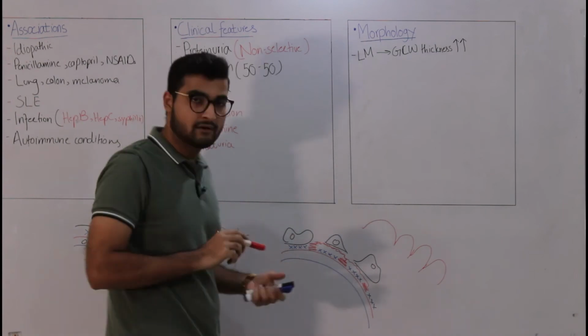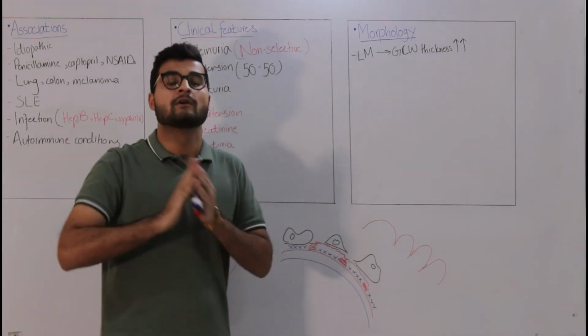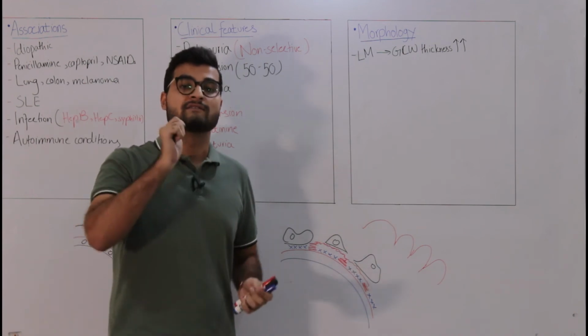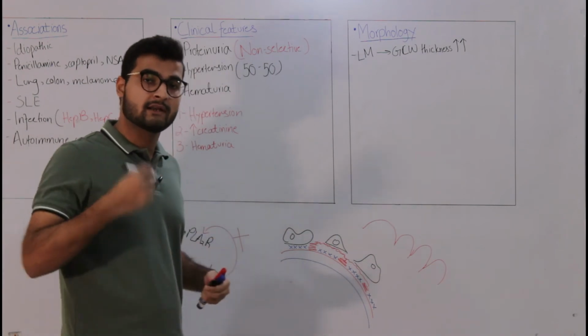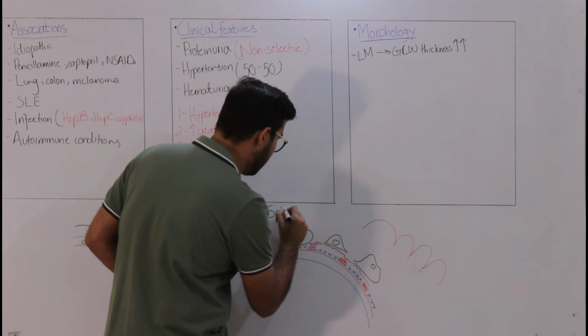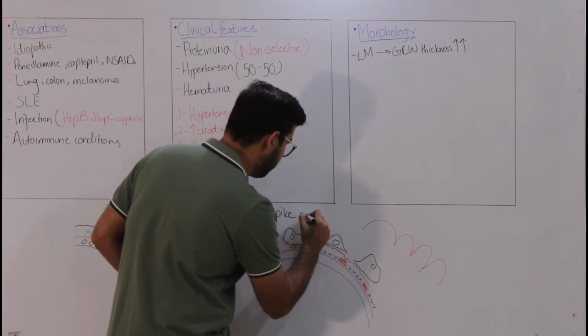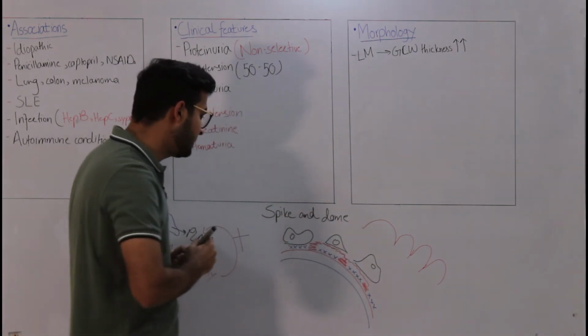So on electron microscopy, you're going to see something that is very specific to membranous nephropathy, that is the spike and dome appearance. That is pathognomonic of membranous nephropathy. So spike and dome appearance. And how is it going to be spike and dome?